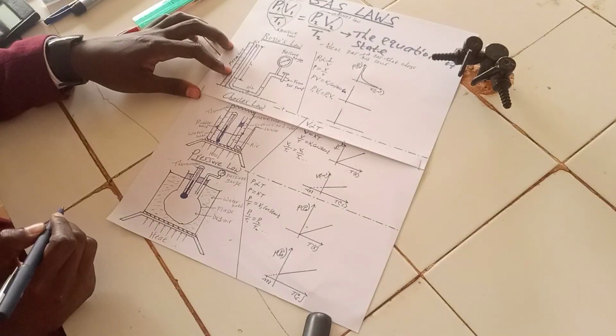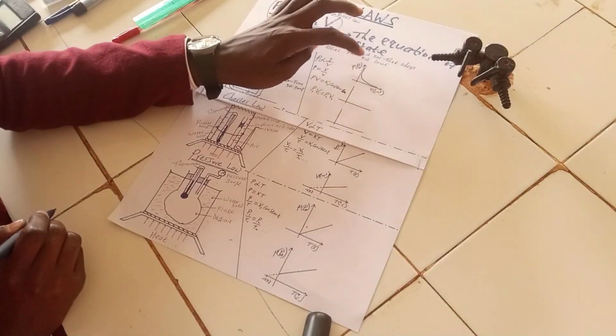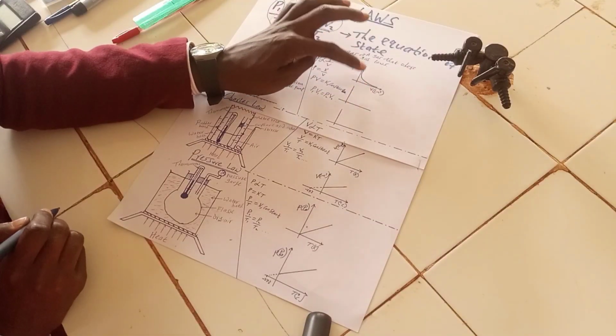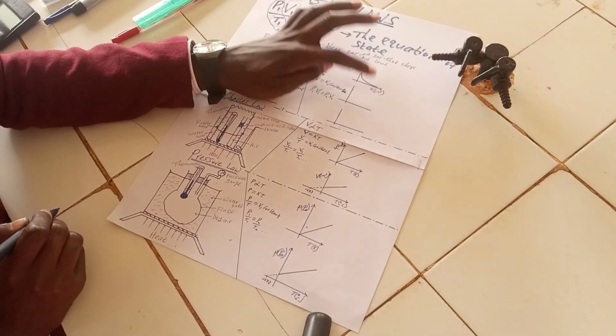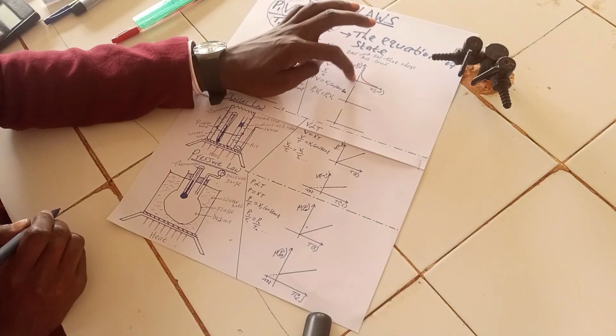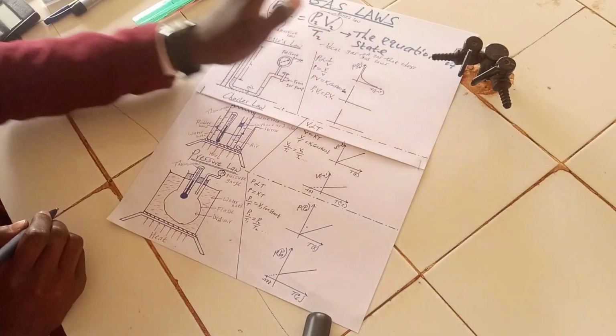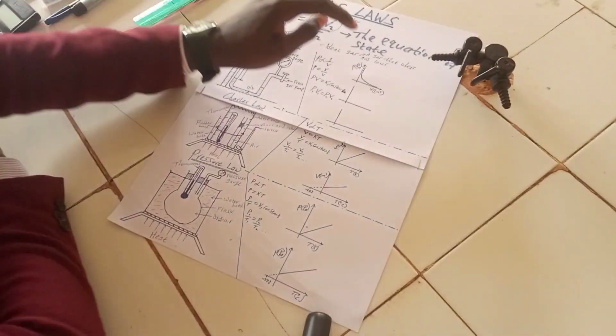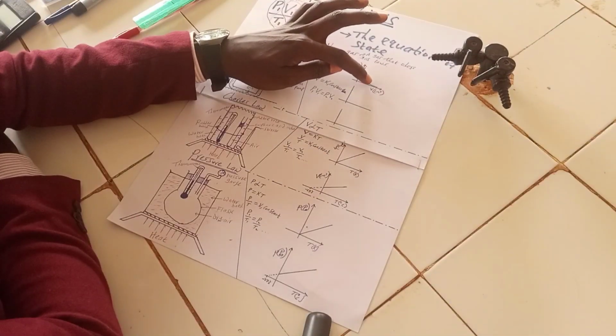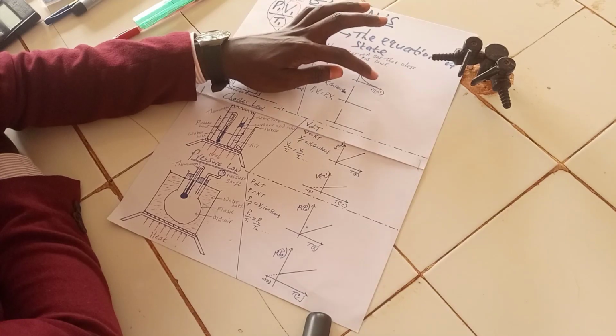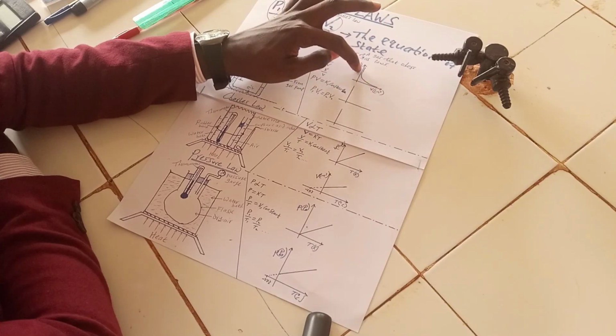That is the curve we have. That means as you are reducing volume, pressure is rising. But remember, for this particular graph, volume is not going to zero. It's almost zero, but not zero.